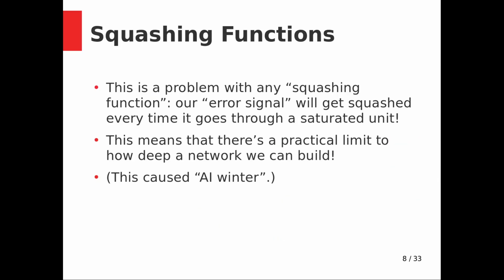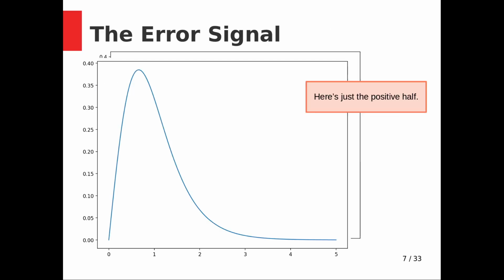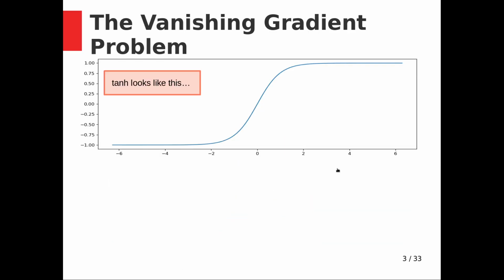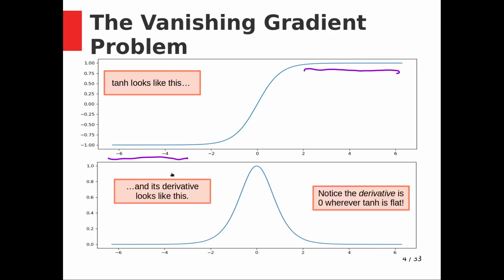Okay. So, broadly speaking, this is a problem with any squashing function, right? Our error signal is going to get squashed every time it goes through a saturated unit, right? So remember, by squashing function, I just mean a function that does this, right? In these wide regions where the gradient is 0, anytime our y, our pre-activation, goes out here, then the error signal is going to get reduced, right?